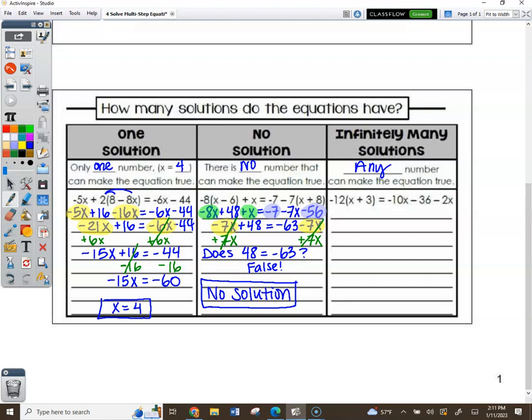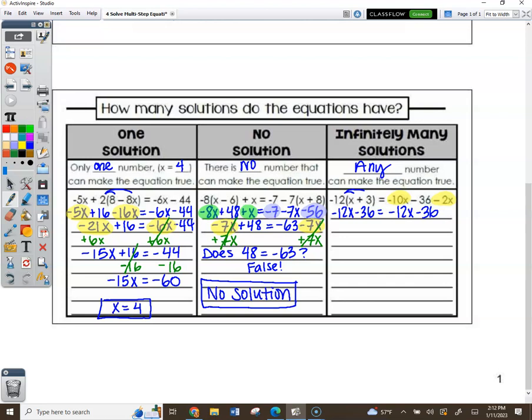Okay, as you're starting to solve this, distribute the negative 12. I'm actually going to go ahead and combine these like terms right here and here, because there was nothing to distribute over there, but I could condense that. Now at this point right here, you could actually go ahead and stop if you wanted to.